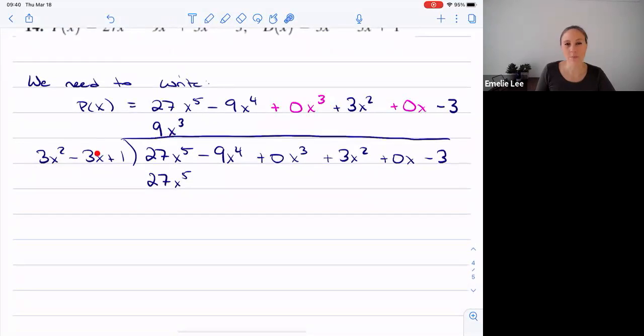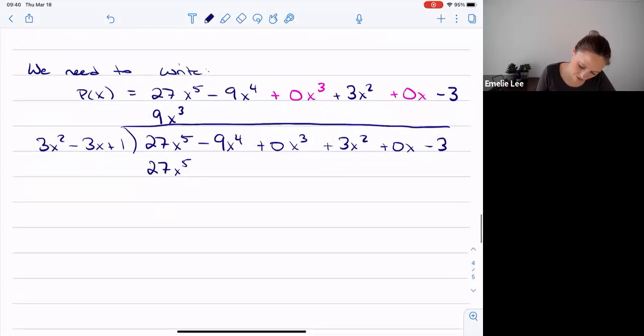9x to the 3 times negative 3x. So 9 times 3 is, oh, sorry, again, 27, of course, minus 27x to the 4. And then 9x to the 3 times 1.